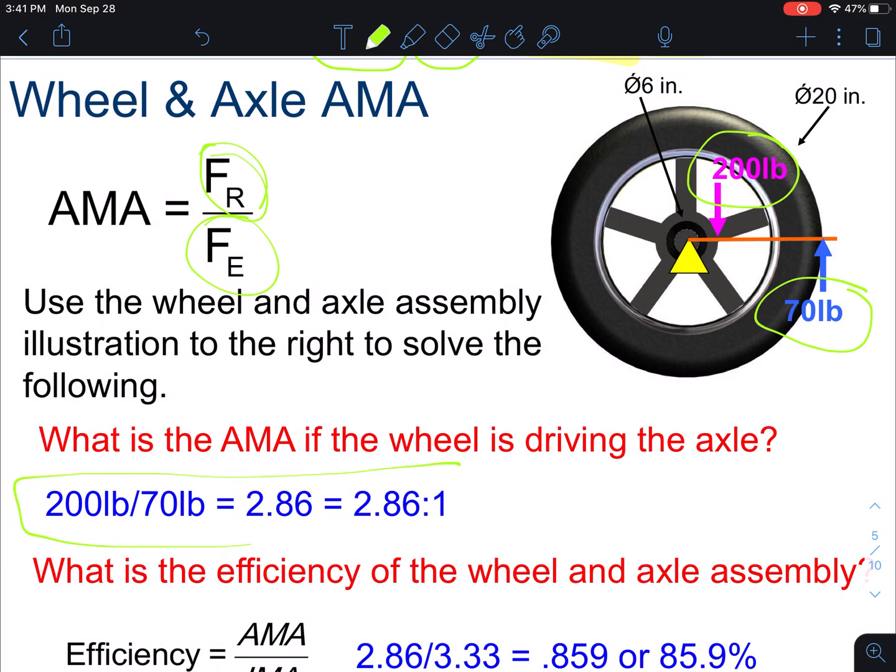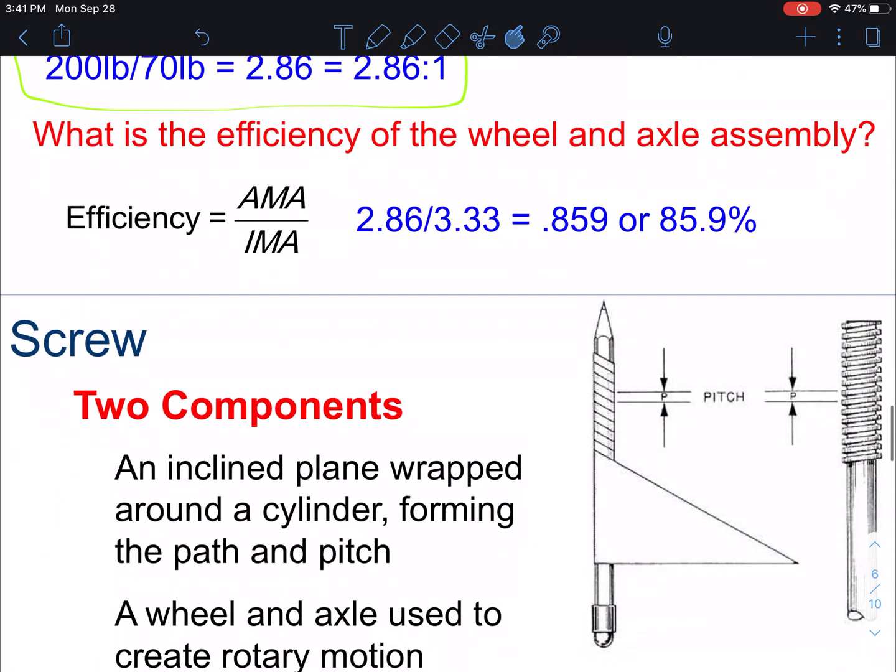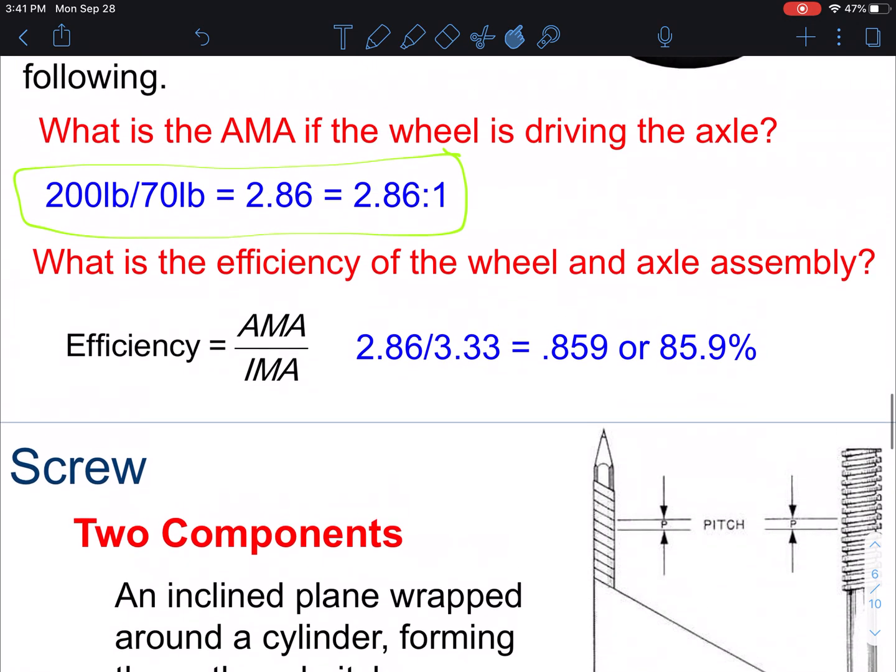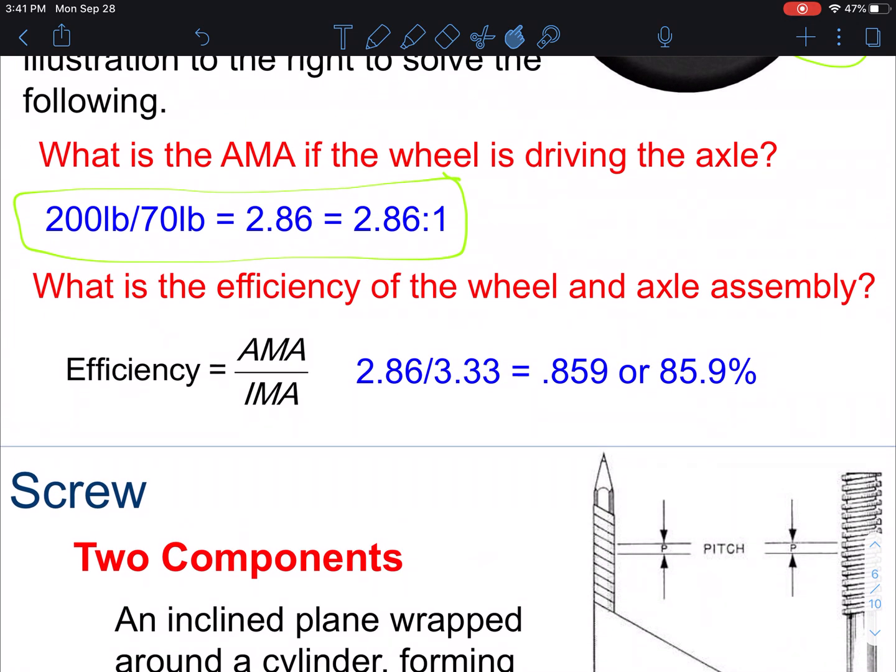And I'm looking right down here if you haven't figured that out yet. Then we divide 2.86 by our answer we got for our IMA. So 2.86 divided by 3.33 equals 0.859, and that is equal to 85.9%. That would be the efficiency of that wheel and axle.